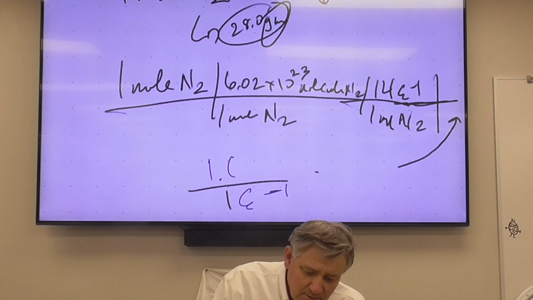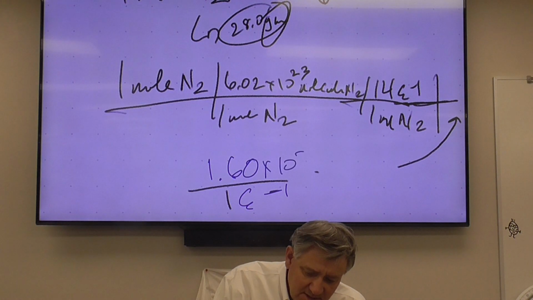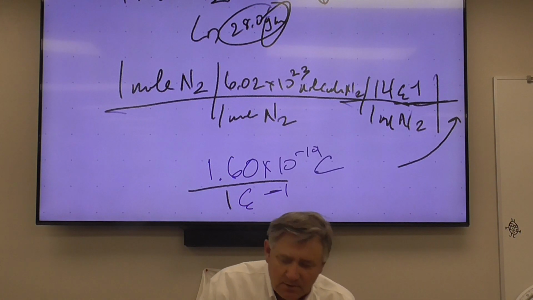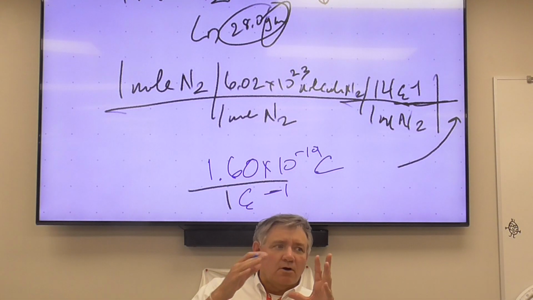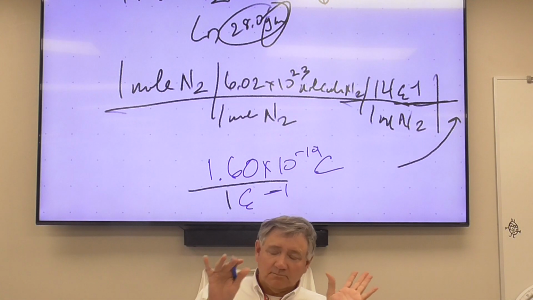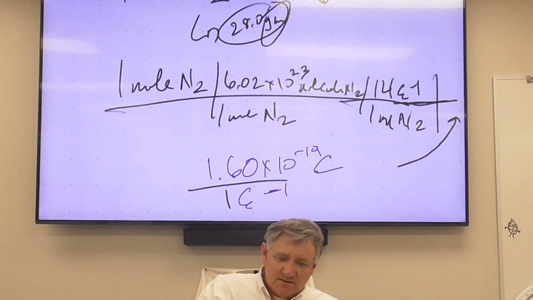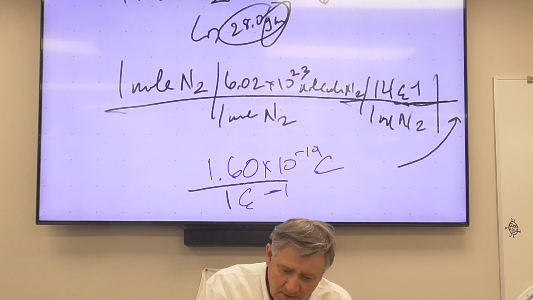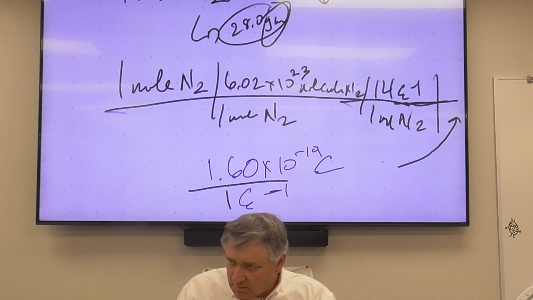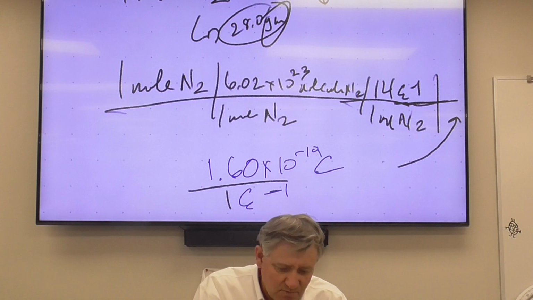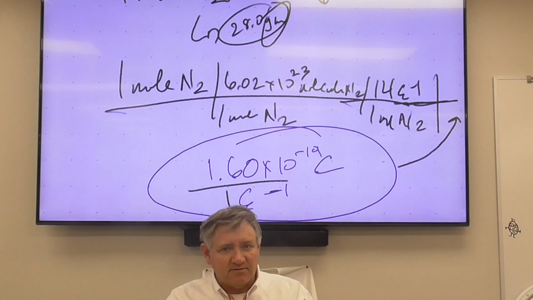Well, 1.60 times 10 to the negative 19th coulombs. So if you want the total charge on 1 mole of nitrogen gas, you're just going to start here. There's 6.02 times 10 to the 23rd. 1 molecule is 14 electrons. Each one has 1.6 times 10 to the negative 19th.